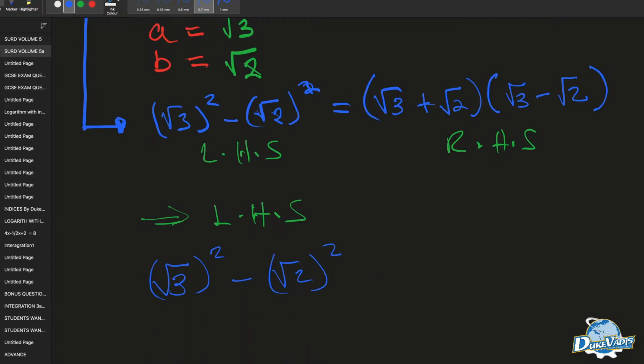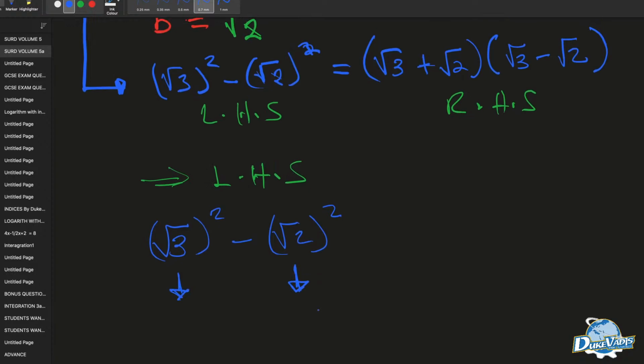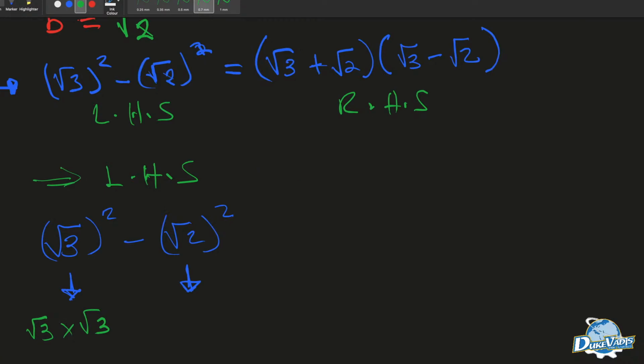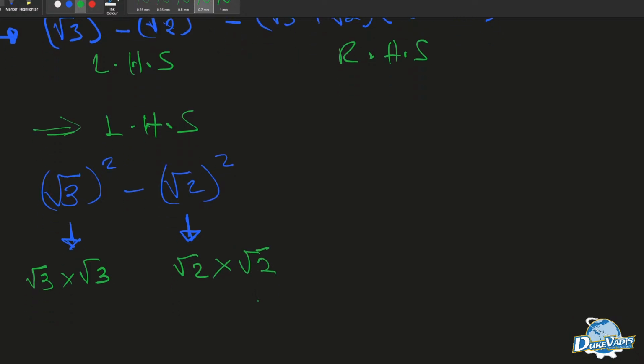When we simplify this, this will be root 3 times root 3, and this will be root 2 times root 2.